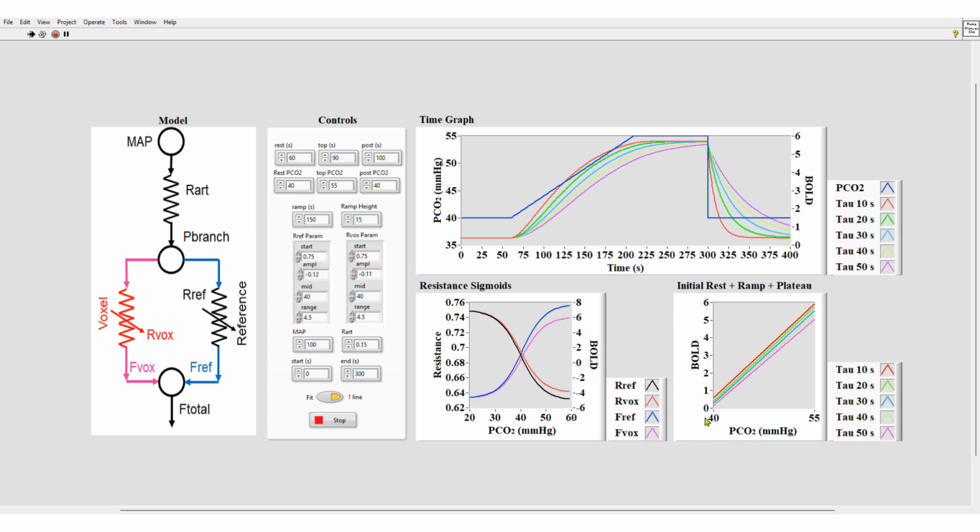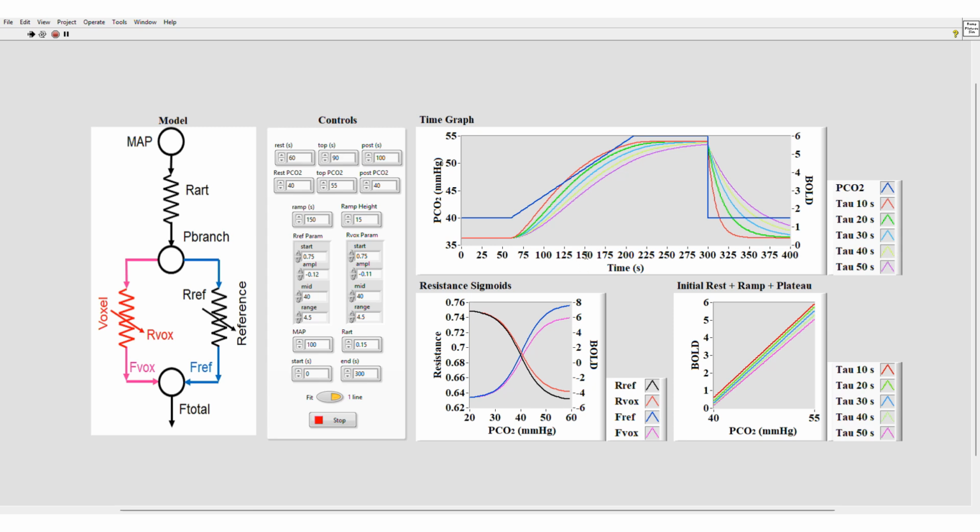As you can see in this case, the tau transients have very little effect on the regression slope, the CVR, because the effects of the initial and final transients in the time course tend to cancel with this particular CO2 stimulus pattern. And that is a type A response.